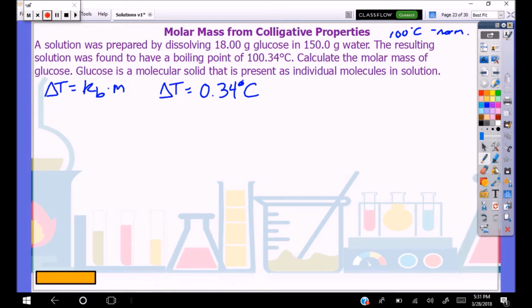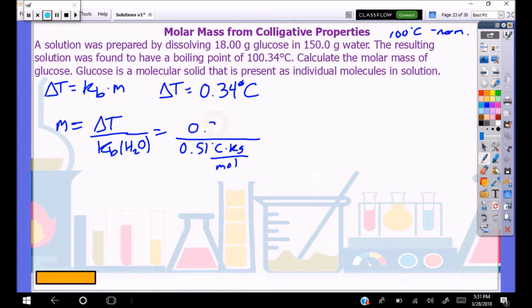So I can rearrange my equation. I need to find my molality in order to find the molar mass. I need delta T over Kb for specifically water, right? So from that chart on the other side, I have found out that my Kb is 0.51. Units are Celsius kilogram over mole.